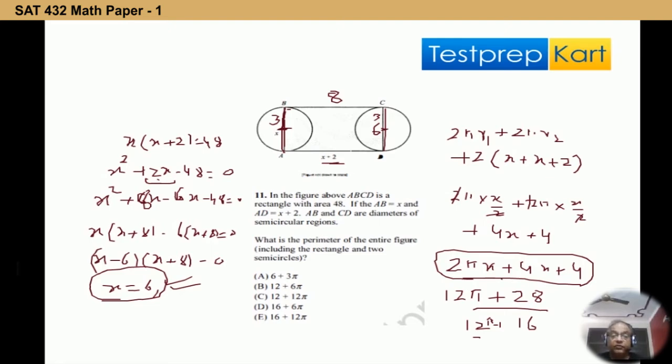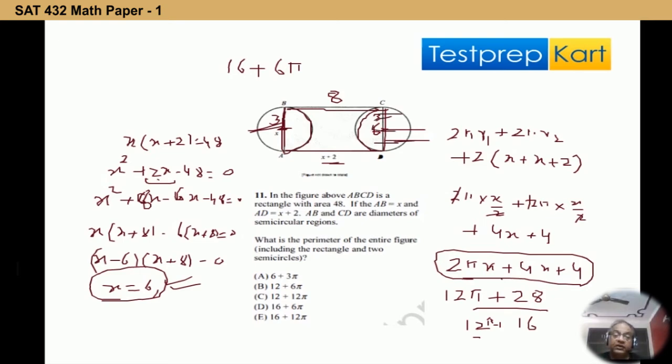That gives me 8 plus 8, 16 plus this region plus this region. So actually you have to find the perimeter of this portion only, not the portion which is on this side.